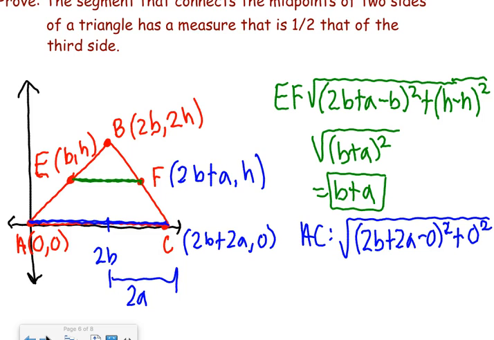So it's 2B plus 2A, squared. So then it would just end up being 2B plus 2A.